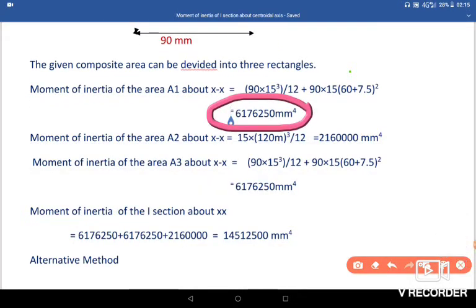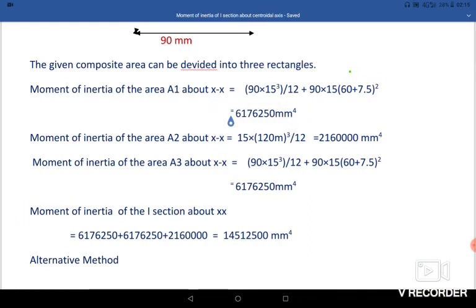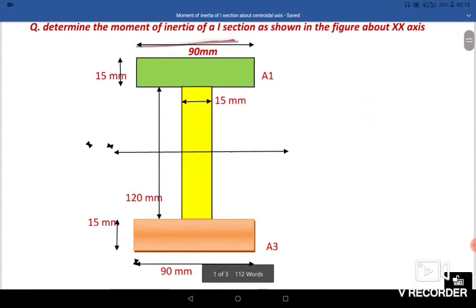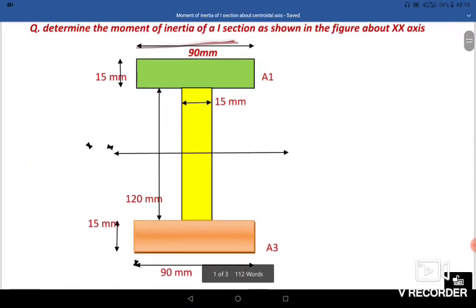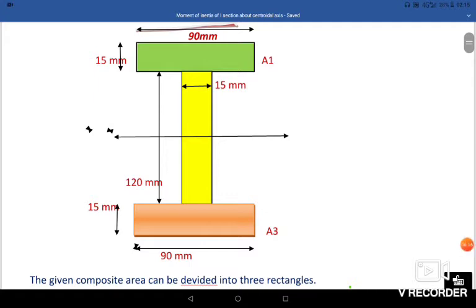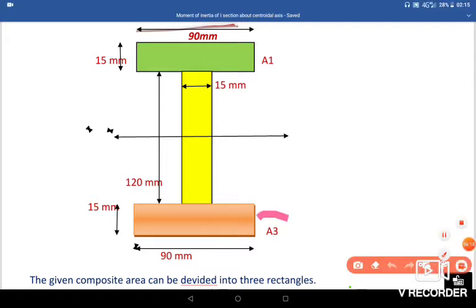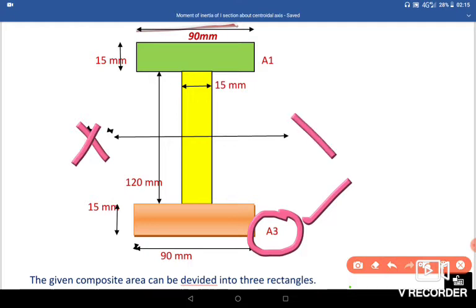This will be the moment of inertia of section A1 about XX. Similarly, from the diagram we can conclude that the moment of inertia of section A3 about the XX axis will be equal to the moment of inertia of section A1 with respect to the XX axis.